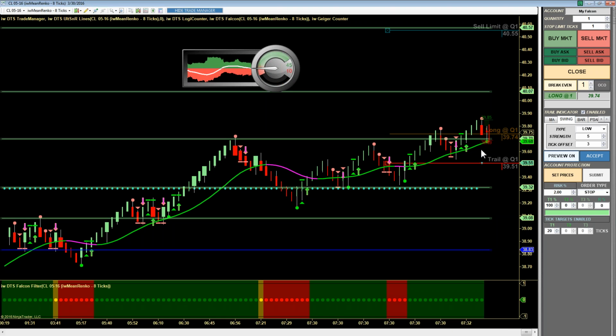It's trying. See how the warning dot keeps flipping back and forth? I don't know if you can see that. Because it's so close to the green line here, it keeps flip-flopping. So this is a pretty important bar for crude oil right now. Come on, let's go.